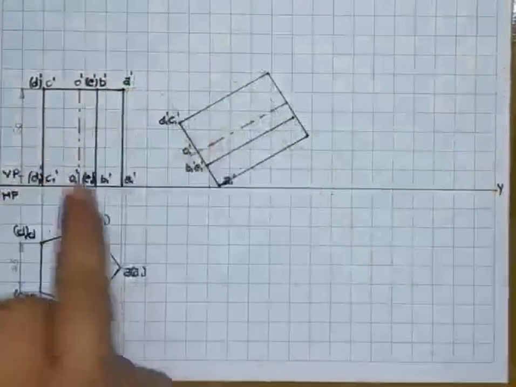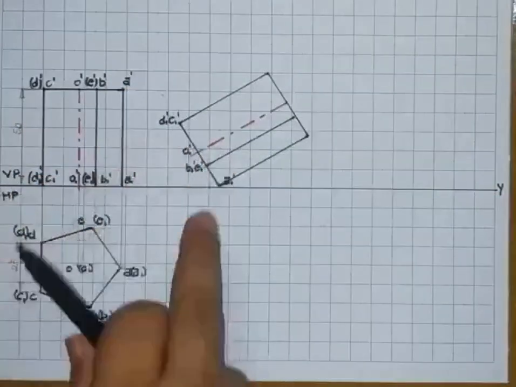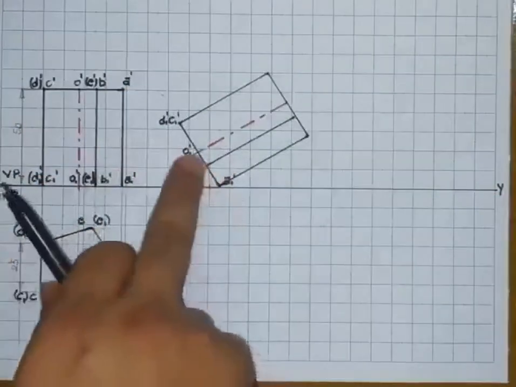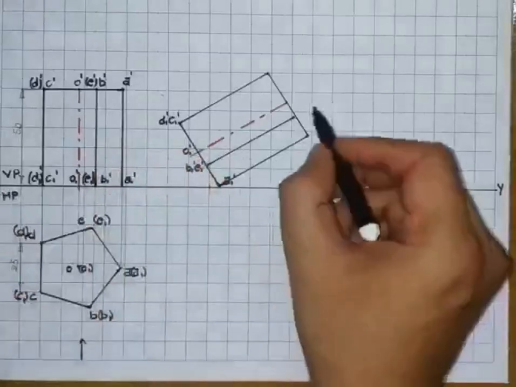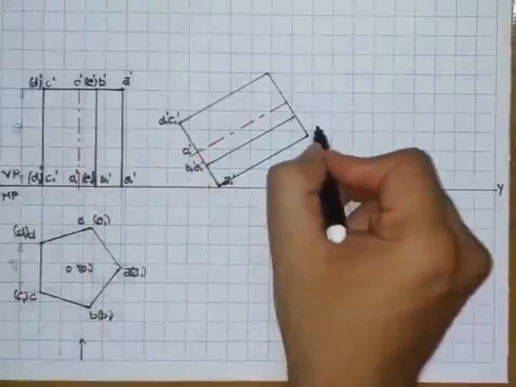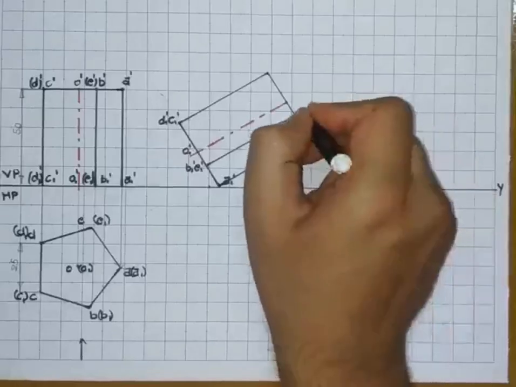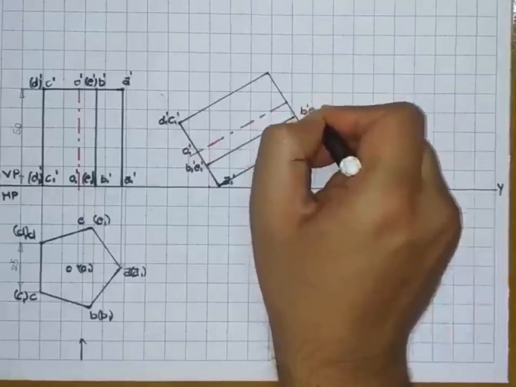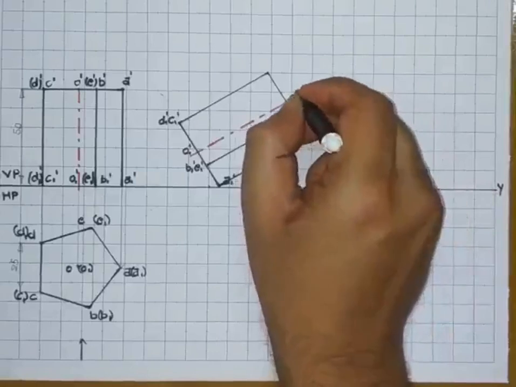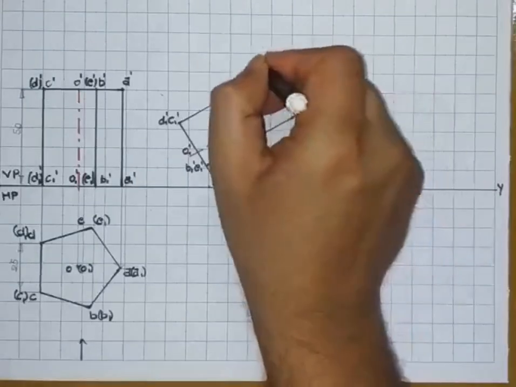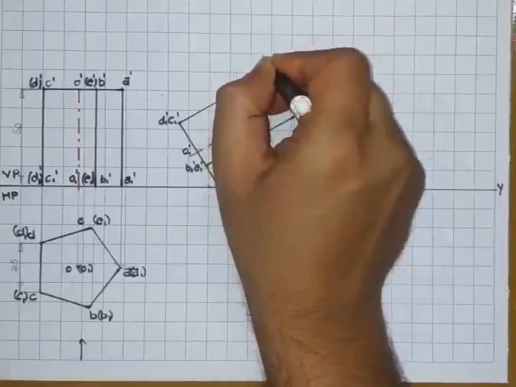Okay, now we have redrawn this view in such a way that it is resting on its corner and the axis is making an angle of 30 degrees. These are the top face points: A dash, and this is B dash and E dash, and this is O dash, and this is D dash and C dash.